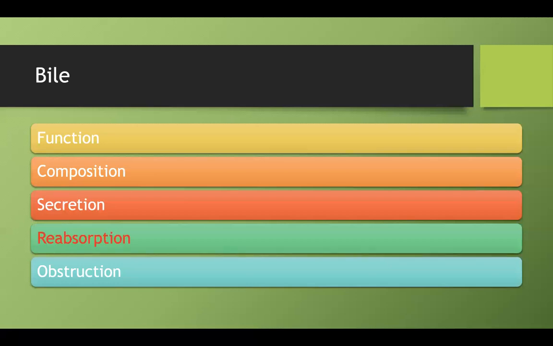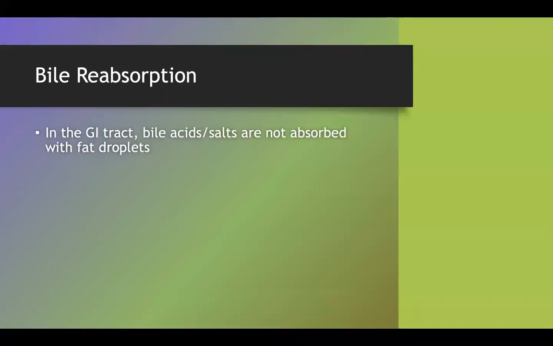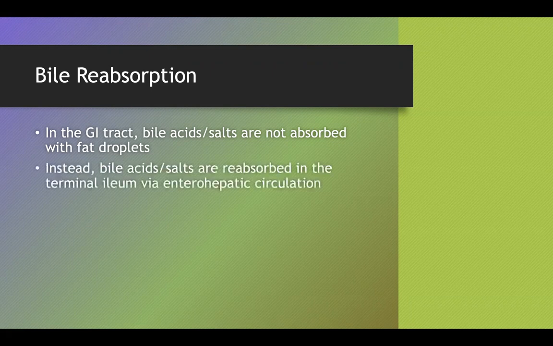So we've talked about how bile gets into the duodenum, but how do we get some of it back? We don't want to waste all the bile. Most of it's actually reabsorbed in the intestines once it's done its job of emulsifying the fats. The one thing it's important to recognize is that even though both bile and fat are reabsorbed, they're not absorbed at the same segment of our GI tract.